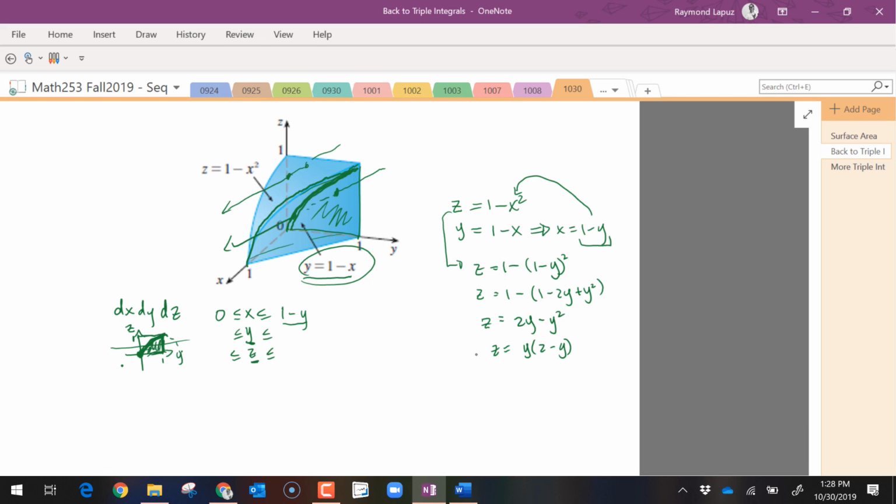Because I need to take this parabola and solve for y. And it's being squared.